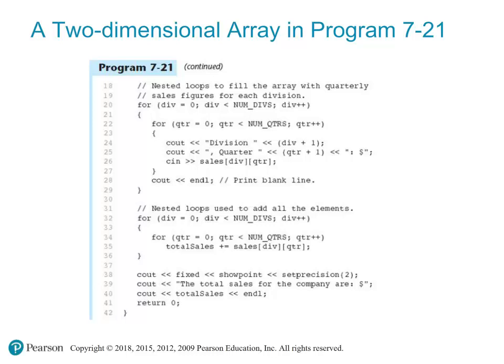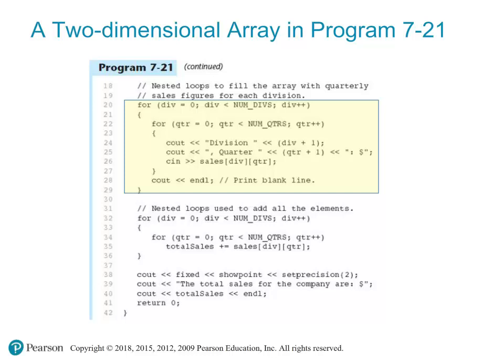We have two nested loops iterating over each div, which is a division, and each qtr, which is a quarter. Inside the inner loop, we prompt the user for the sales data and store it in the sales[div][qtr] element.